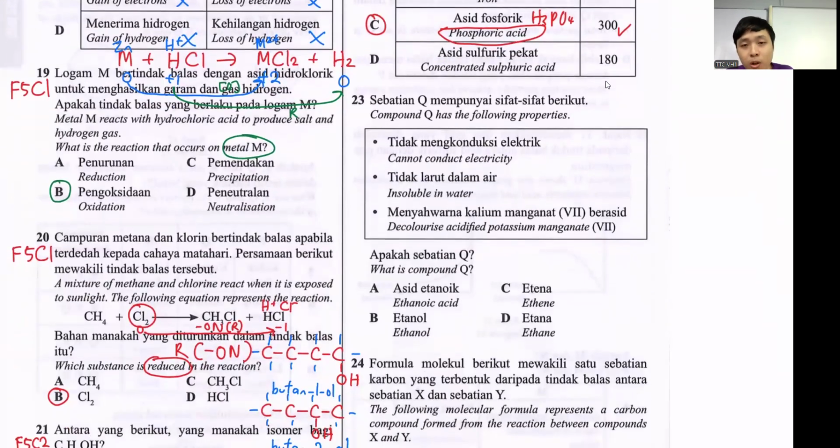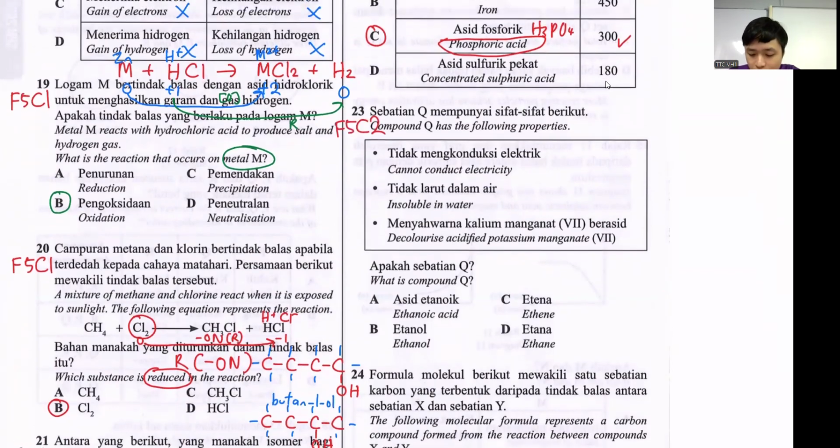Okay, 23. Compound Q has the following properties. This is Form 5, Chapter 2. They told you Q cannot conduct electricity and Q is insoluble in water.